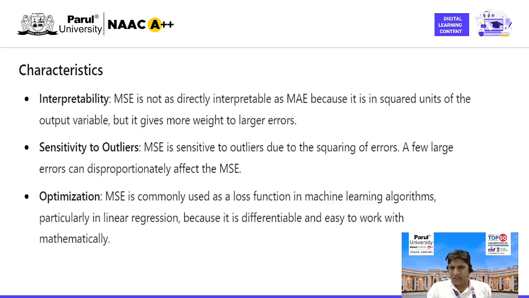It also has some characteristics. Interpretability: MSE is not as directly interpretable as MAE because it is in the squared unit of the output variable, but it gives more weight to larger errors. It means it focuses more on larger errors.